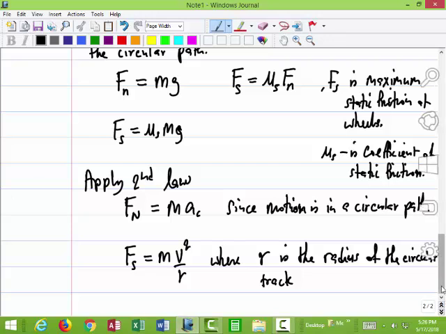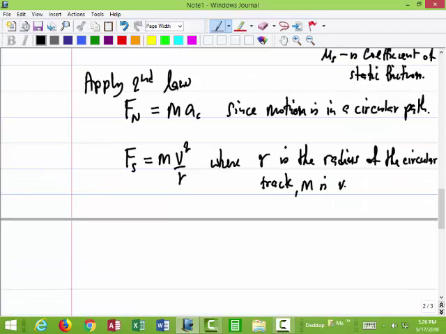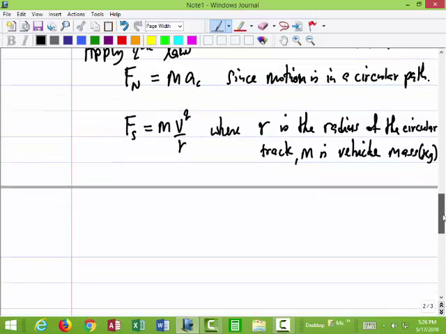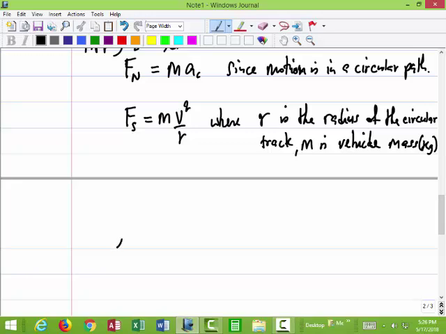We already said v is the speed of the vehicle as it moves along this circular track. m is the vehicle mass, in kilograms, and r is the radius, in meters. So the centripetal force is due to the static frictional force mu s mg, and that should be equal to mv squared over r. From that we can calculate that v squared is equal to mu s g times r, where the masses cancel out.